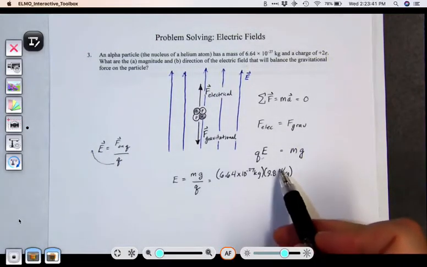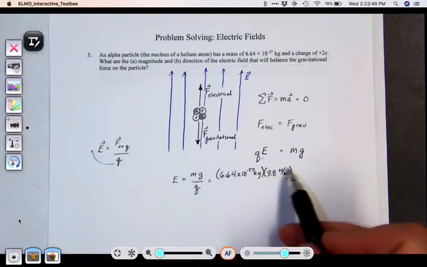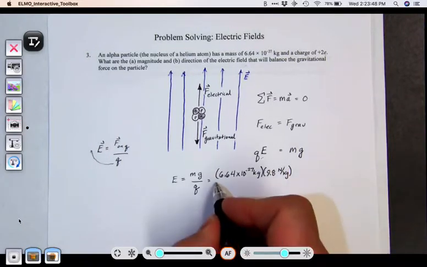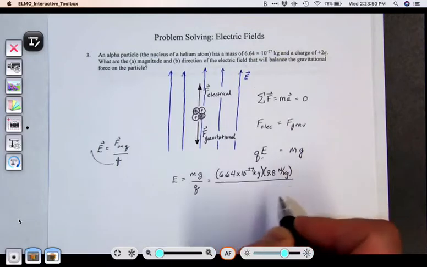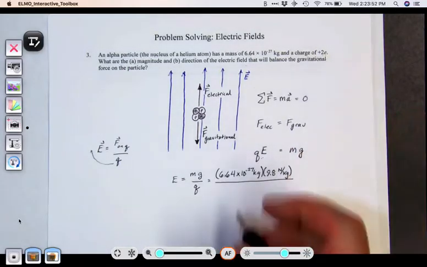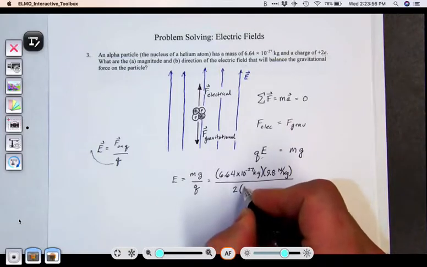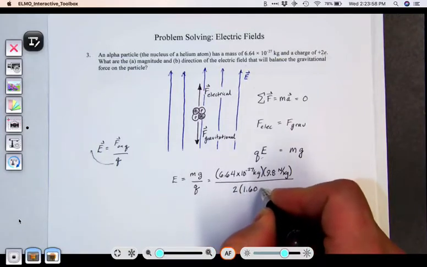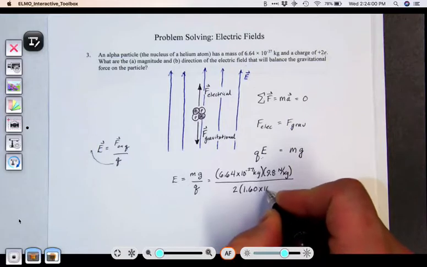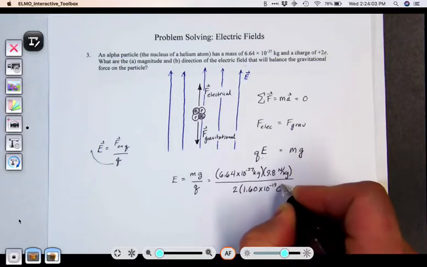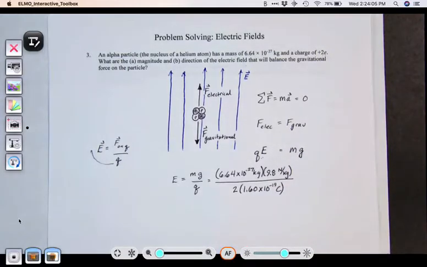A newton is a kilogram meter per second squared, so if I cancel out the kilograms, this is the same as 9.8 meters per second squared. And the amount of charge, well, it has 2e, and so that's 2 times the charge of an electron. You can Google that, or maybe you have it memorized. It's 1.6 times 10 to the negative 19 coulombs. Again, if you needed to know that on an exam, that number would be given to you.